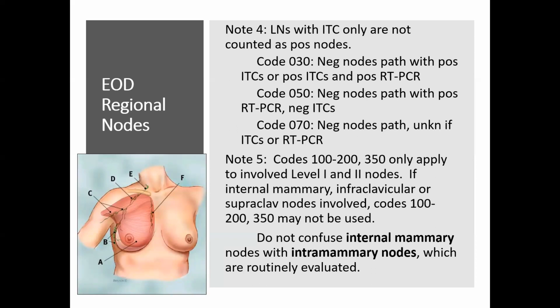So remember, F is internal mammary, it's its own chain. Intramammary would be within the breast, any lymph nodes that are found within the breast. So make sure you can clearly identify those. Also, remember, internal mammary are not the nodes that are routinely evaluated.